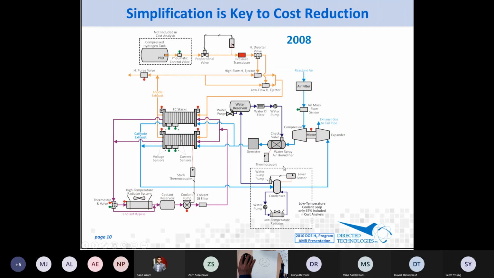There's a condenser because it's full of water. So you want to condense that water out and so forth. So I would argue that this is a lot more complicated than the lithium-ion battery. Would anyone debate that?